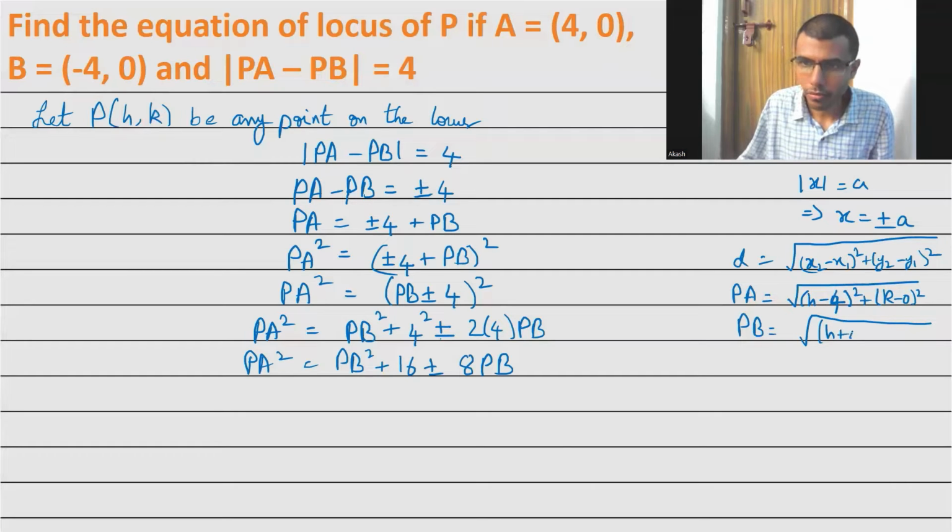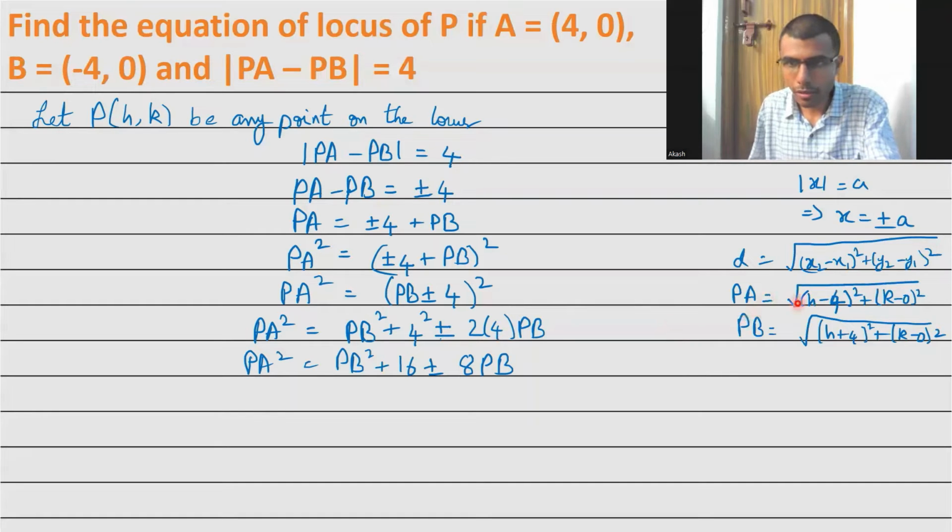Now, PA square would be nothing but this term without the root, because it's PA square. For your understanding, I wrote all this. It's good if you write these two in the exam. It's fine in the beginning, even if you do not write it.